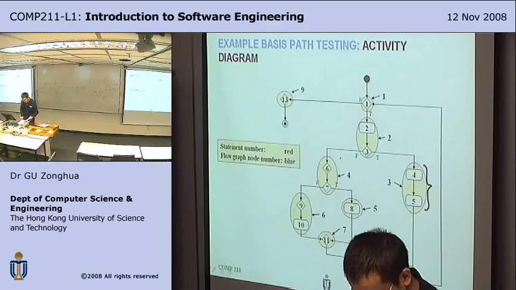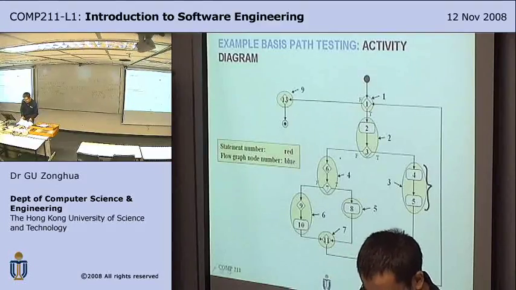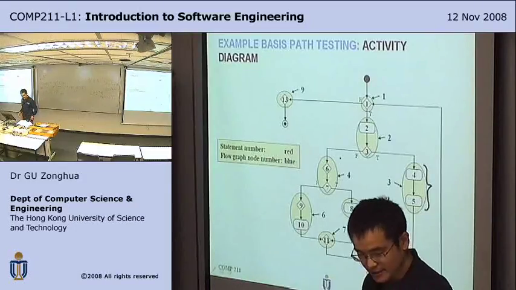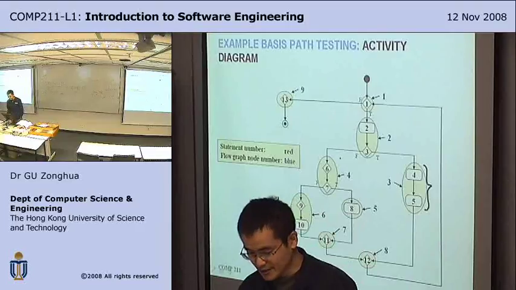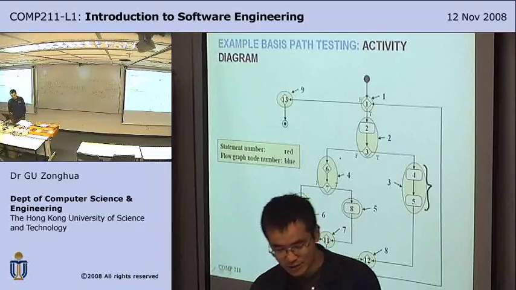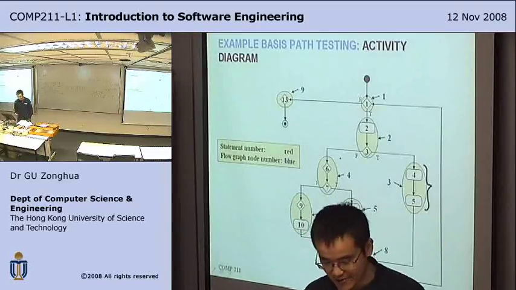So you get a flow graph. The reason you define the flow graph this way is that you want to focus on the conditional control flow behavior, not the sequential functionality behavior of the code.